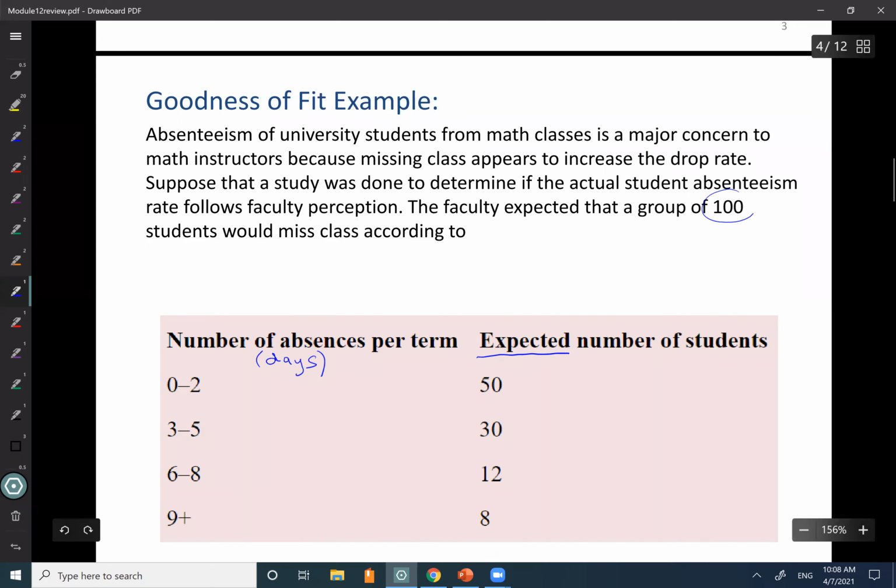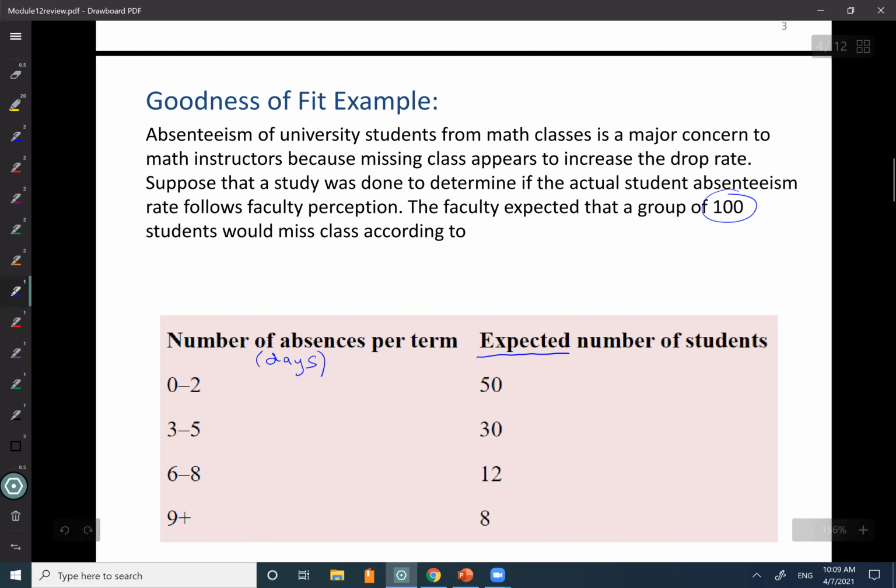Remember, it's out of 100. Between 6 and 8 days, 12 students would be absent. And 8 students would be absent, they figured, for 9 or more days. This is what they thought would be reasonable to see in the number of absences per term.